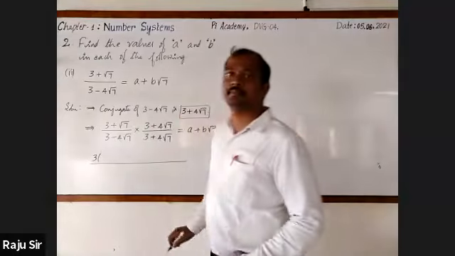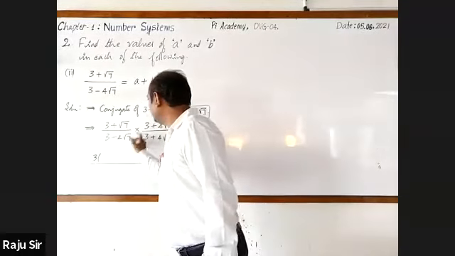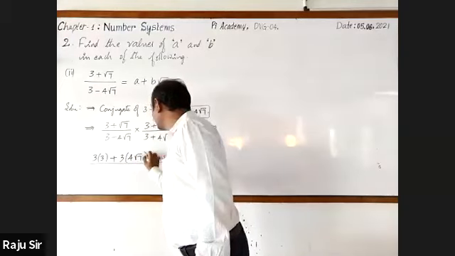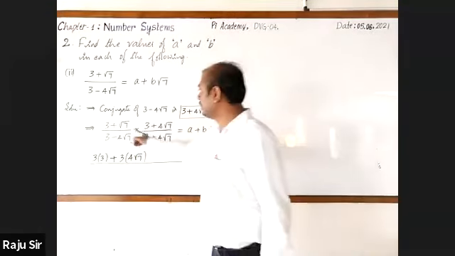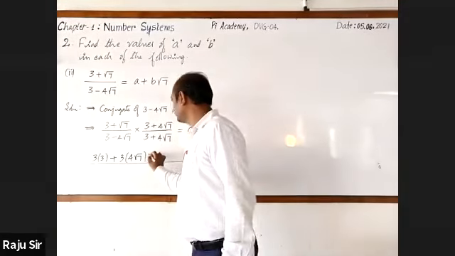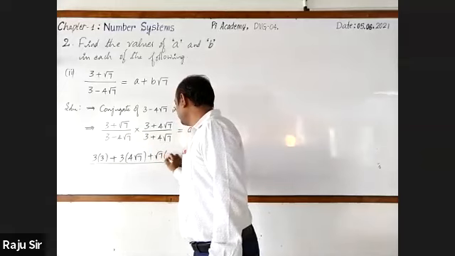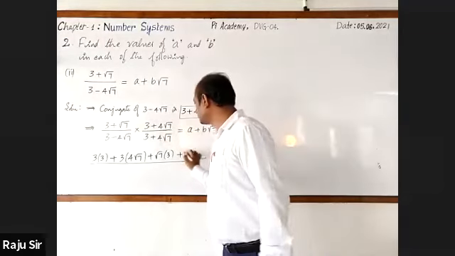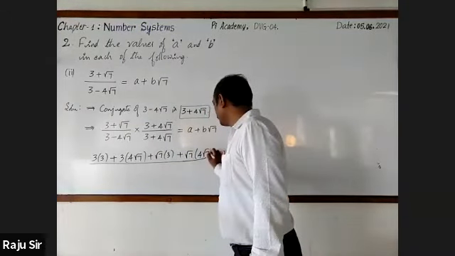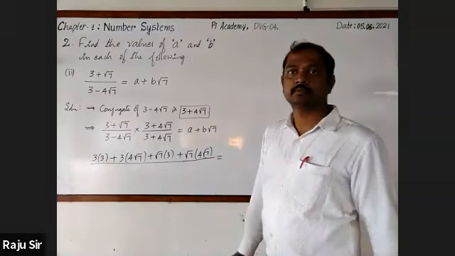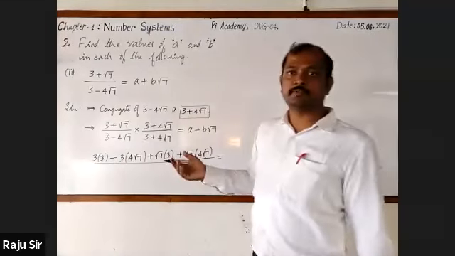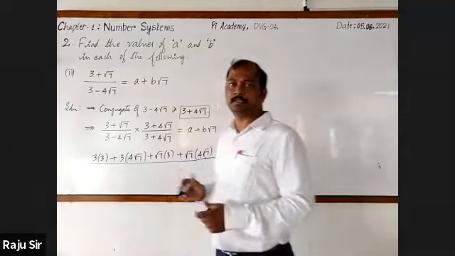3 into 3 plus 3 into 4 root 7. Next, multiply root 7 with both the terms: plus root 7 into 3 plus root 7 into 4 times root 7, divided by, whereas the denominator is of the form a minus b into a plus b.